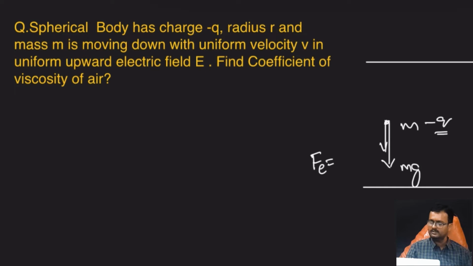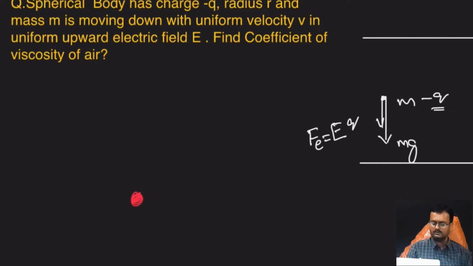Electrostatic force is equal to E times minus Q. Minus is a downward direction, so its magnitude is EQ. Viscous force, we know, when the body is moving down, the viscous force is in upward direction.